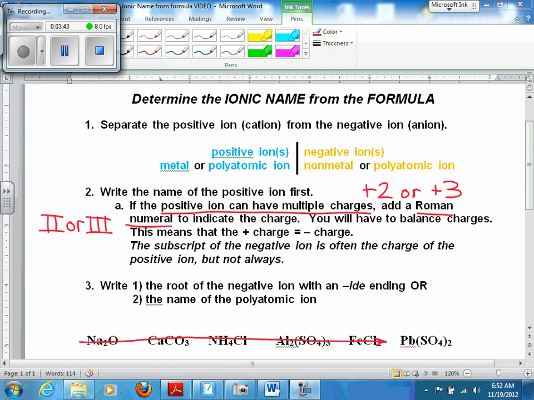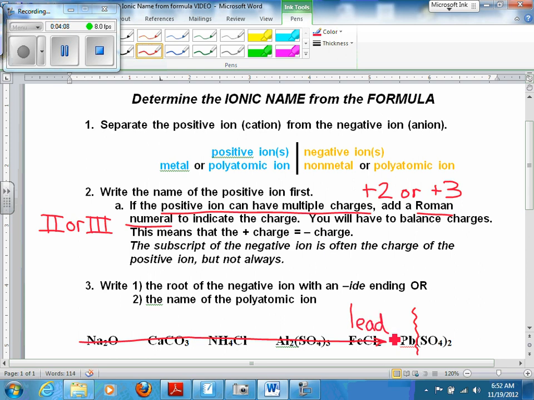Now let's try this last one. This one's going to be probably the trickiest one of them all. Okay, it starts with Pb, which is lead. It's a metal. You know for sure that's an ionic compound. So again, separate the positive ion from the negative ion. Write the name of the positive ion first. This is lead.